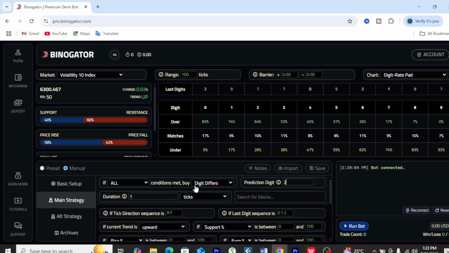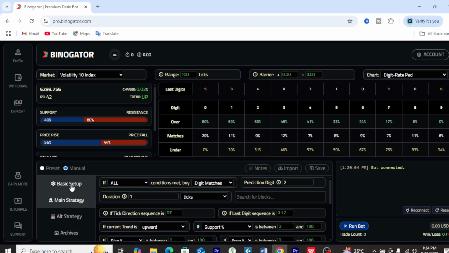If we set differs, we are predicting that the last digit is going to be different from 2. That's what differs means. Differs just means different. And if we set it to matches, we are predicting that the last digit is going to match 2. That means the last digit is going to be exactly 2.